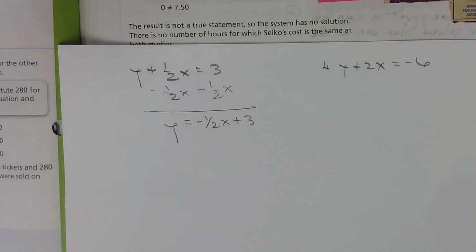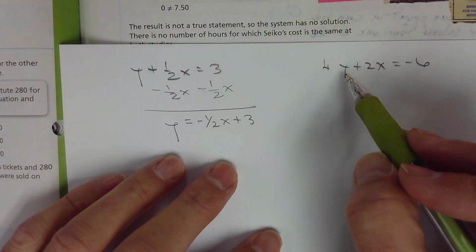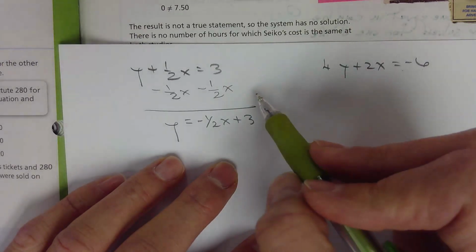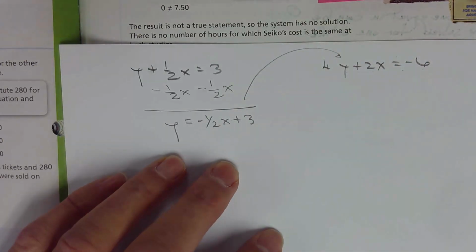So what do you think we'd do with that? Miss Anderson? I don't know, actually. Well, look at the other equation. We have 4y plus 2x equals a negative 6. I'm just going to plug it in for y. Right.